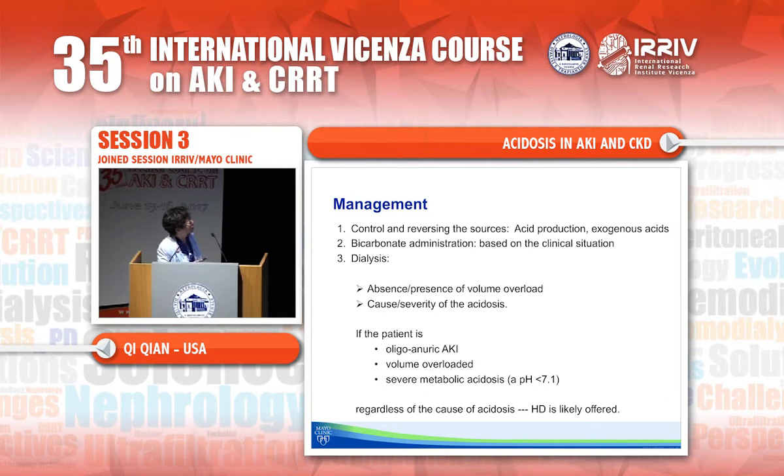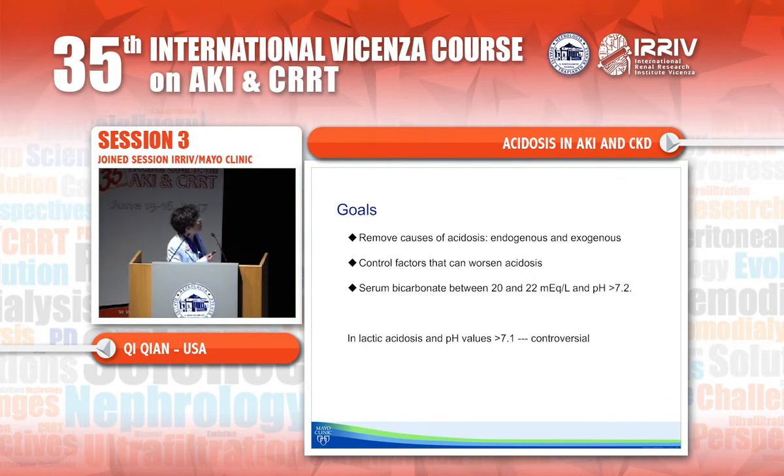For instance, if the patient has evidence of volume overload, severe acidosis, and the AKI is oligoanuric, in that kind of situation we usually offer dialysis to help with correcting the metabolic status. So overall, in patients with acidosis and AKI, our goal is to remove the cause of acidosis as much as you can, and control factors that could worsen acidosis.